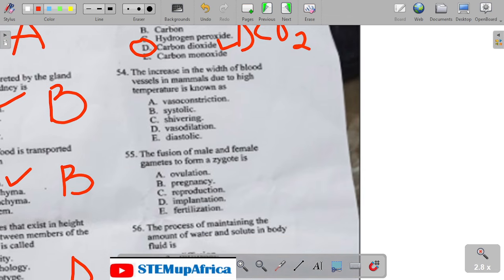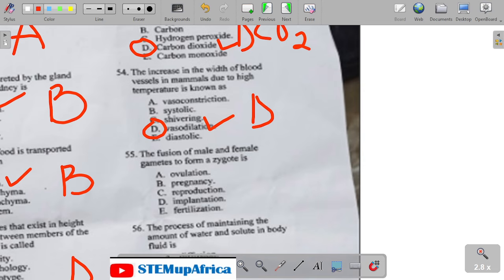The increase in the width of blood vessels in mammals due to high temperature is known as what? It's known as vasodilation. It's called vasodilation. It's option D.